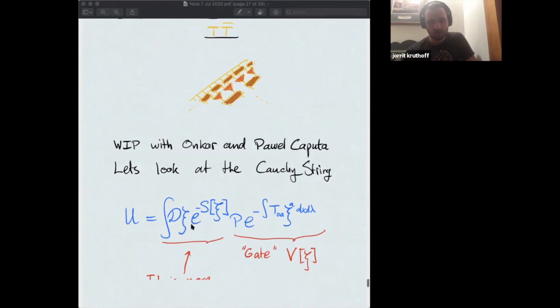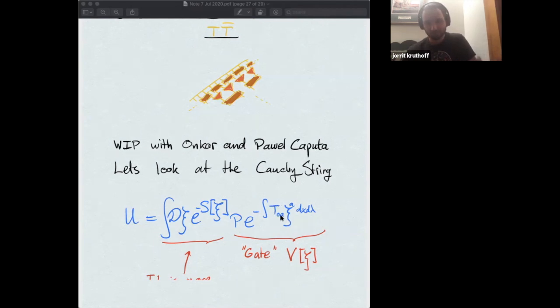Xi is my Hubbard-Stratonovich field, and I have this action that I wrote down before, and that is this path-ordered exponential. One way to think about this U is that this path-ordered exponential is acting as a gate, a gate V that depends on Xi. And the reason why I say it's a gate is that it contains the stress tensor here.